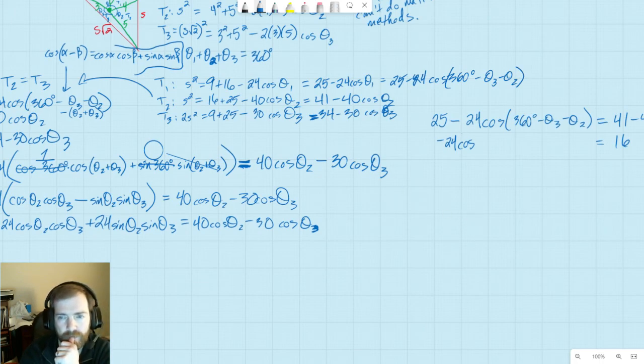So negative 24 times the cosine of, nope, theta 2 times the cosine of theta 3 minus sine theta 2 sine theta 3.